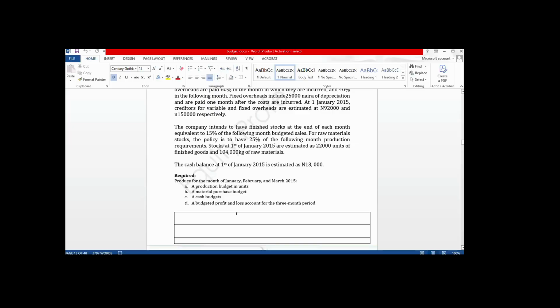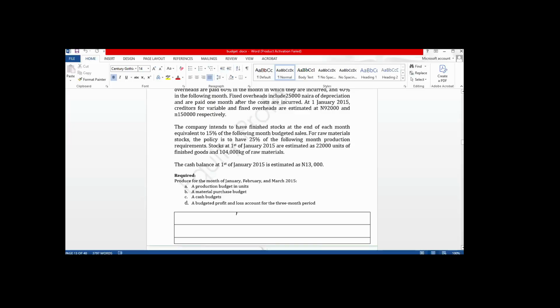Stock at 1st January 2015 are estimated as 22,000 units of finished goods and 104,000 kg of raw material.